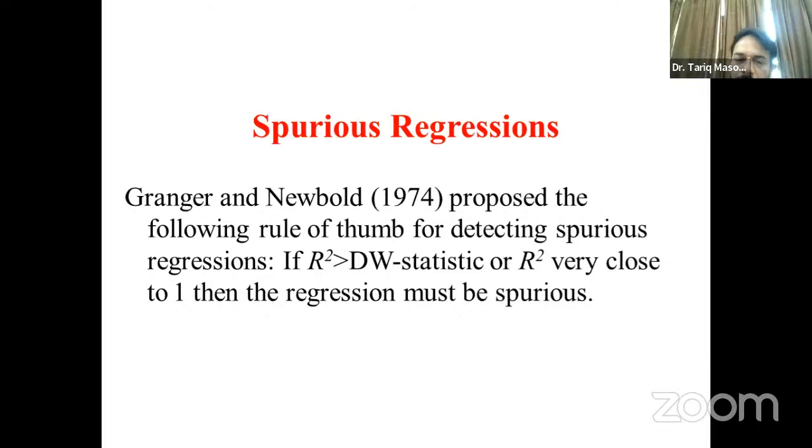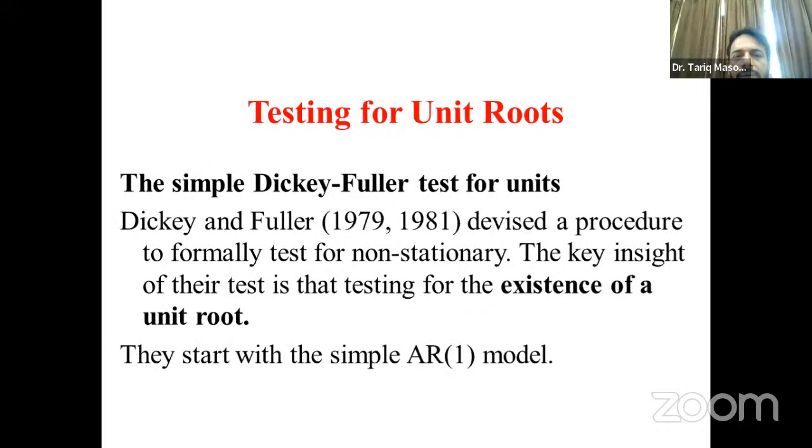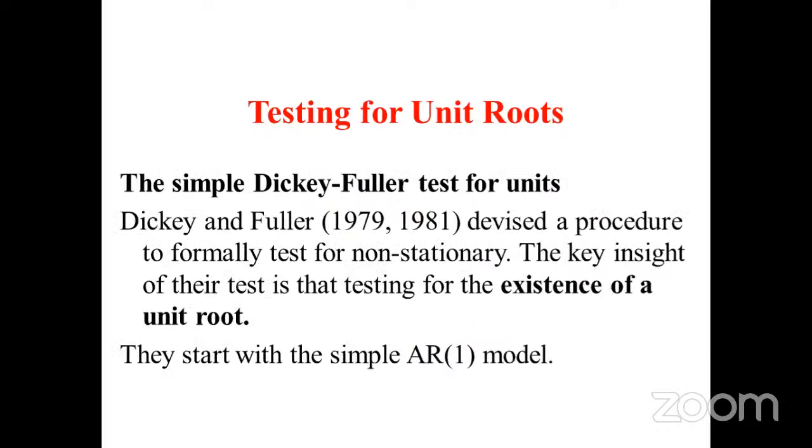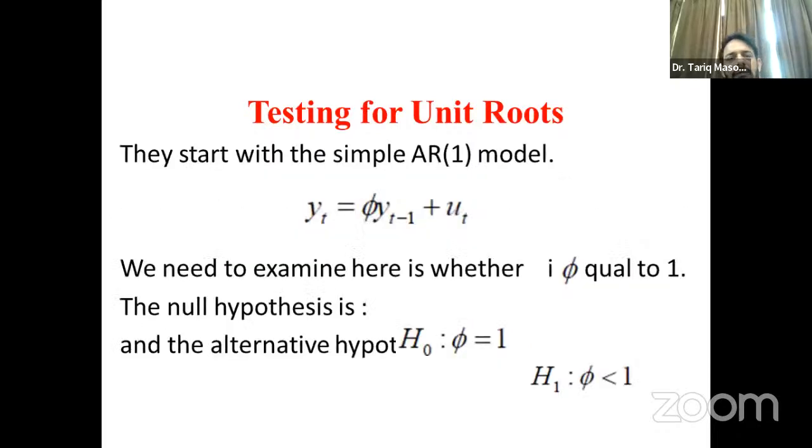So next is how to test for a unit root. There are a number of tests, but here we will discuss only the most commonly used one, the Dickey-Fuller test for unit root.